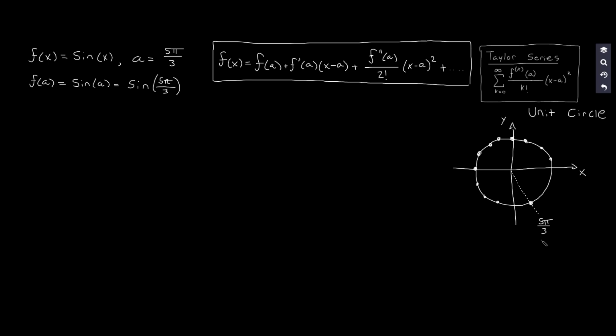And so there's an x and y value for this. The x value is 1/2. The y value is negative root 3 over 2. Okay, when we're dealing with the unit circle, sine of x is always going to be the y coordinate.